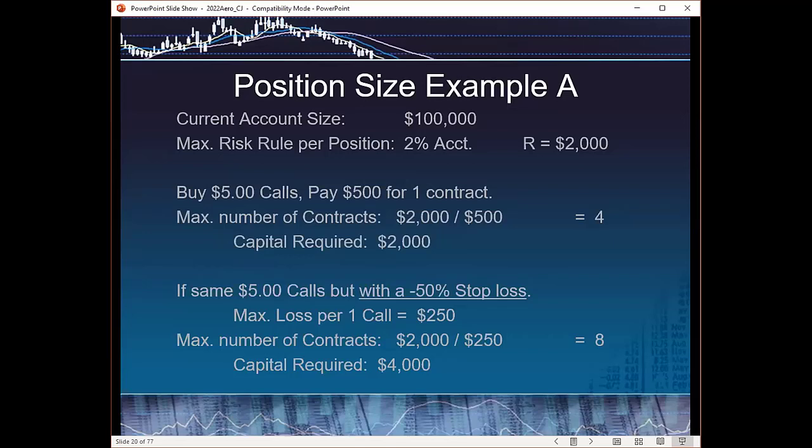So the maximum contracts I could trade in that case, where my R is $2,000, is 8 contracts because that represents a $2,000 loss if my 50% stop is triggered. I'm, however, required to kick in $4,000 of capital required for that position.